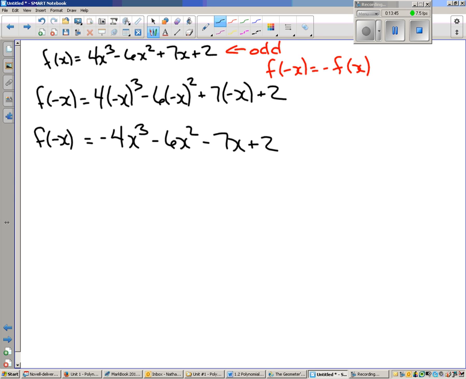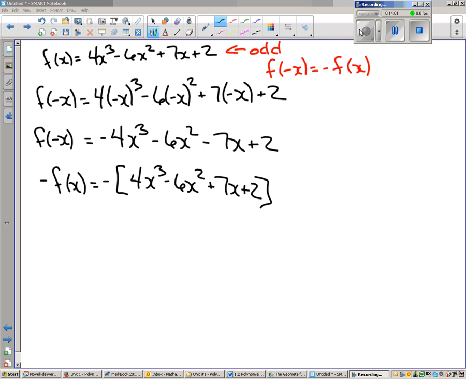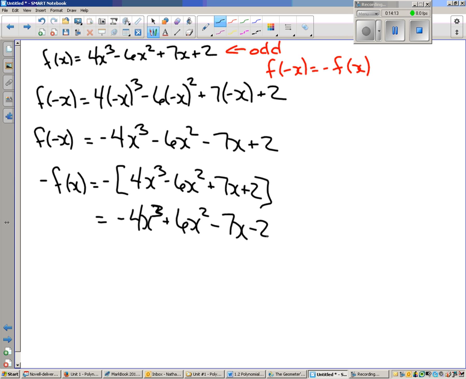And if we look to evaluate negative f of x, we're just going to switch the signs on all those, and we get negative 4x cubed plus 6x squared minus 7x minus 2.